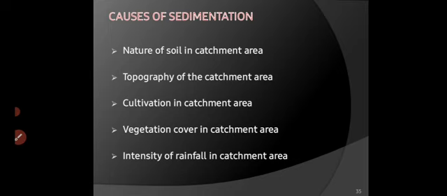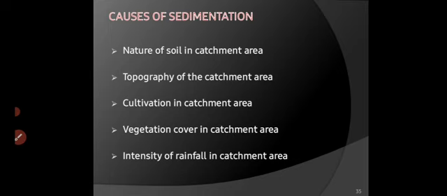Now in the catchment area, if the soil is loose or sandy soil, right, so the runoff water carries that sand and silt with it, and that sand and silt flow with river water. So ultimately at the dam site, all the sand and silt carried by the river water get deposited into the reservoir.